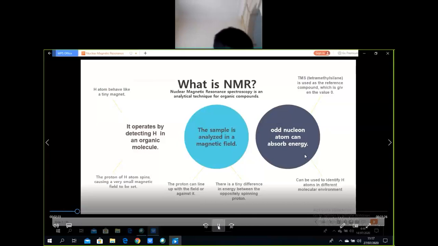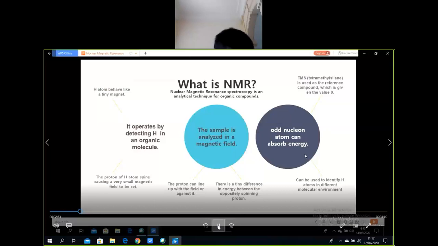In NMR, the nucleus flips between two energy levels. So this NMR can be based on the hydrogen atom, and also can be based on the carbon atom.